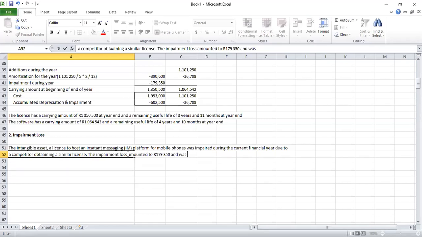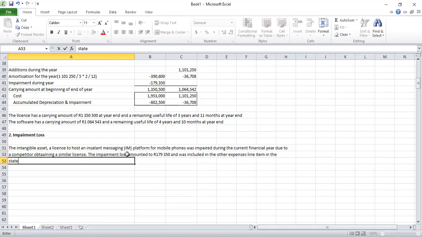It was included in the other expenses line item in the statement of profit or loss and other comprehensive income.